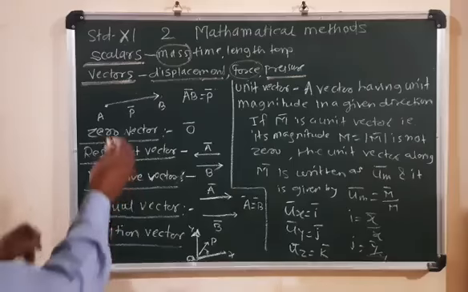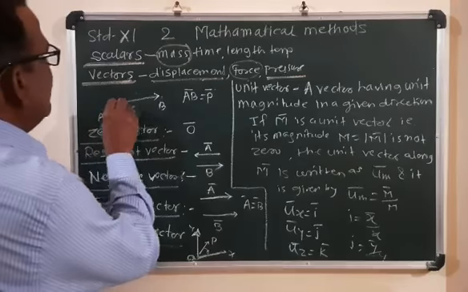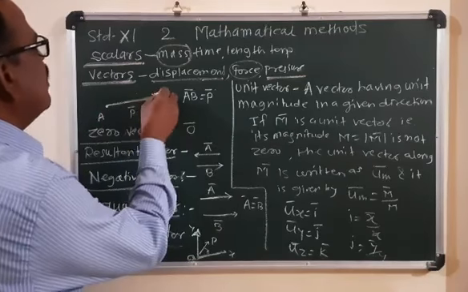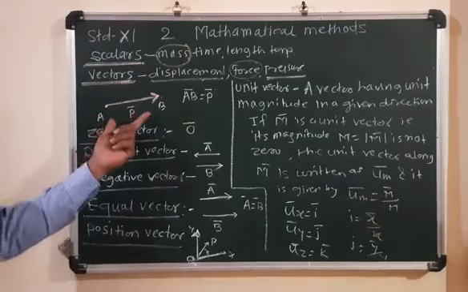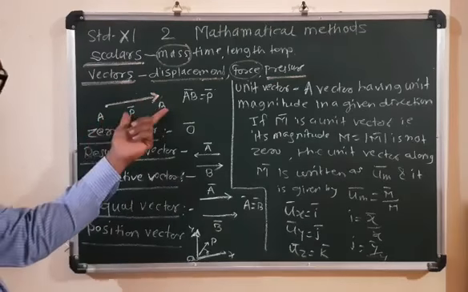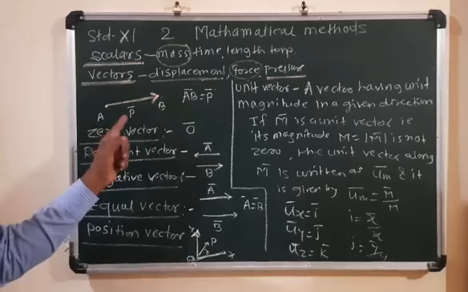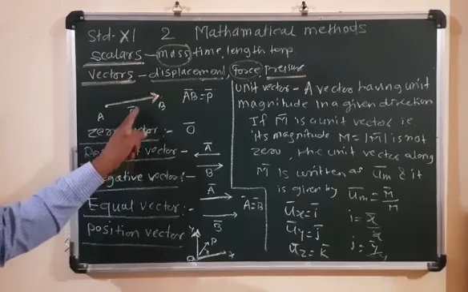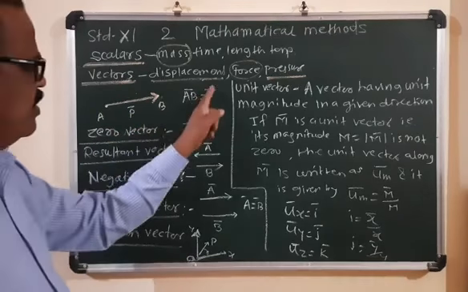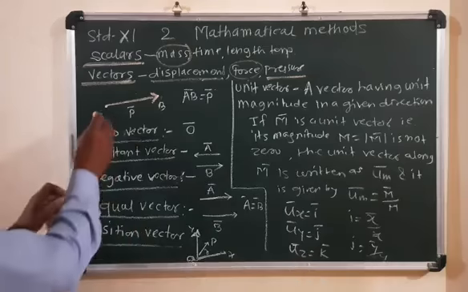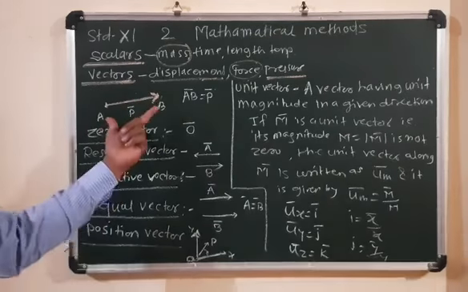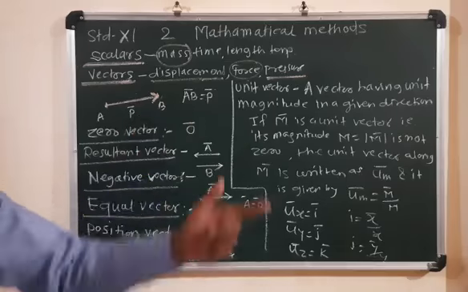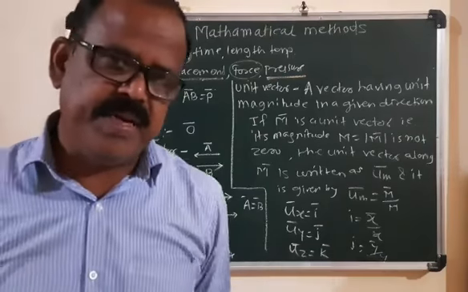The vector can be represented by a line segment or by an arrow. In this figure, the graphical representation of the vector is AB bar. AB bar can be represented by vector P bar, that is, AB bar is equal to P bar. The distance or length between points A and B is called the magnitude of the vector.